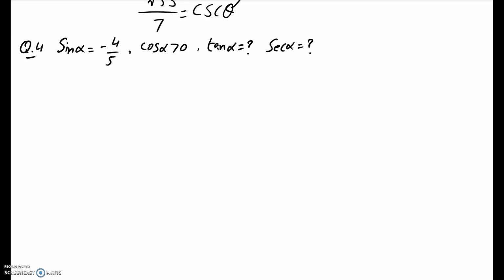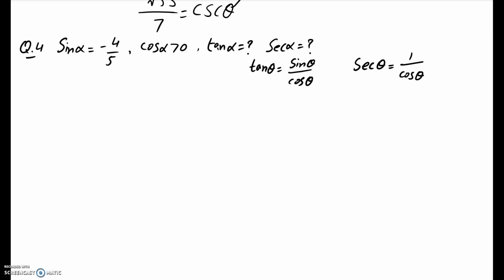Now tan theta, I'm going to continue my question with theta, equals sine theta over cos theta. We have sine theta but we don't have cos theta. And then we need to find secant theta, and we know that secant theta is 1 over cos theta.